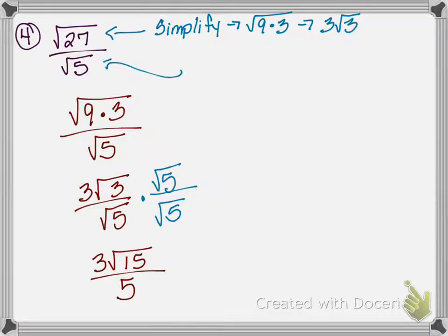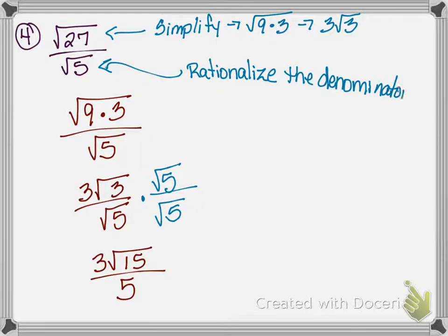The second thing you're doing is called rationalizing the denominator. That is when we get rid of the square root in the bottom. So we are multiplying by the square root of 5 over the square root of 5.